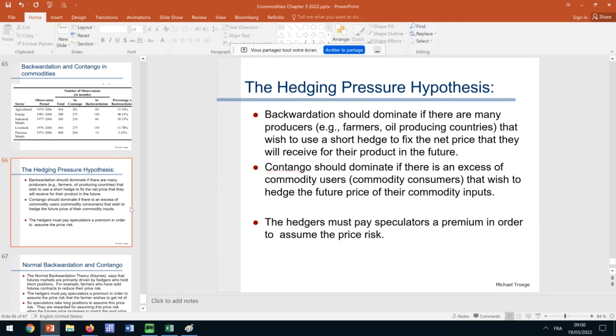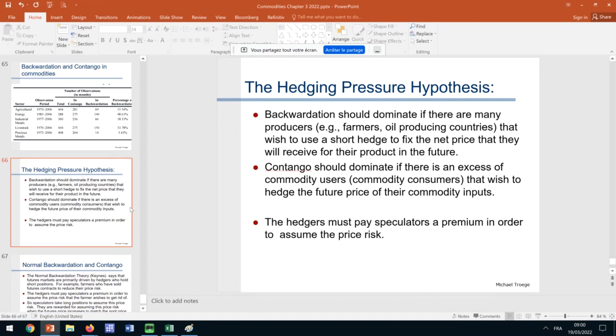Let's talk about farmers and bakers to make it clear. The farmers can lock in a price for their wheat next year, and the bakers can lock in a price for the wheat next year. So they both can reduce the risk, but the question is who is more risk averse.